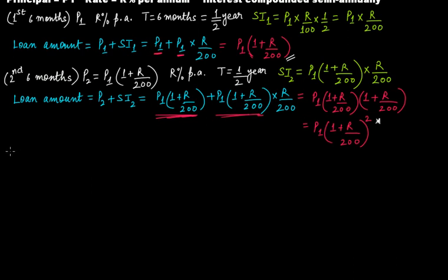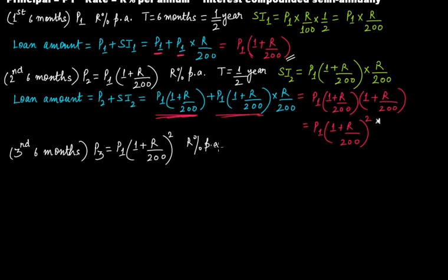So for the third period of 6 months, your principal will be P3, that will be equal to this P1 multiplied by 1 plus R by 200 squared. Rate is R% per annum, and time period is equal to half year.